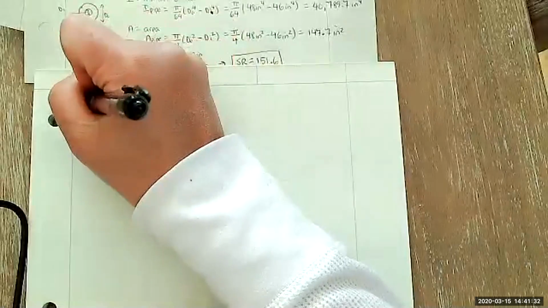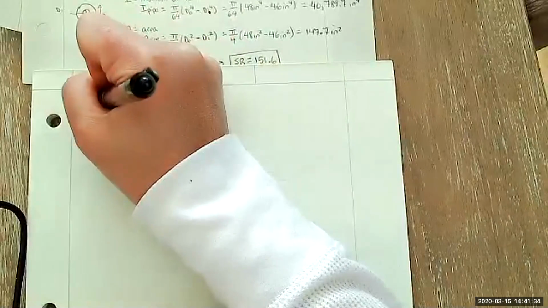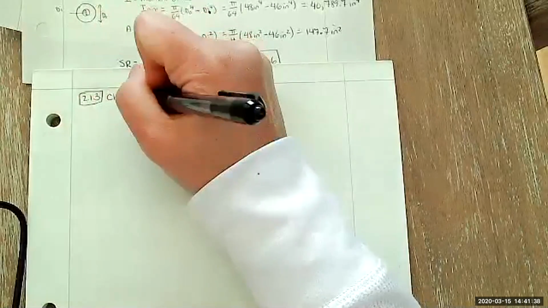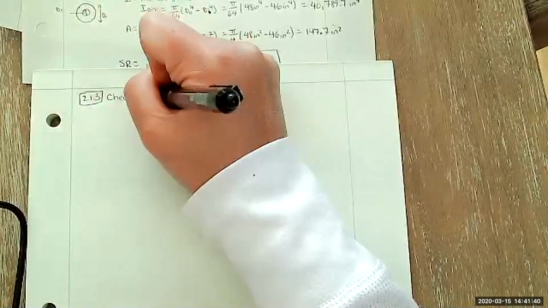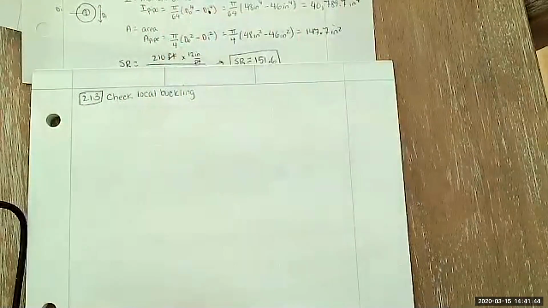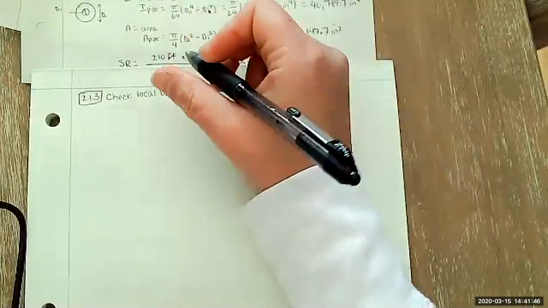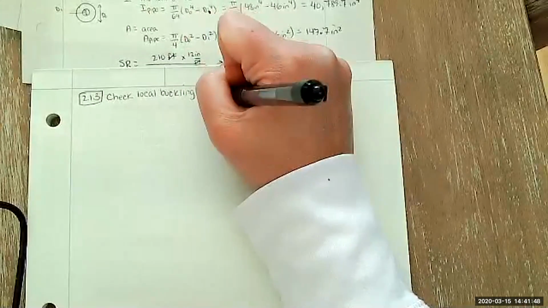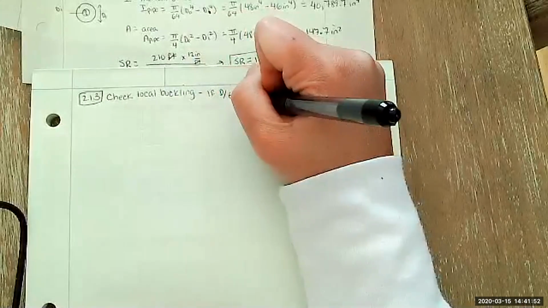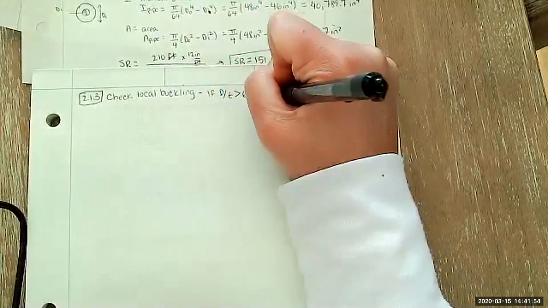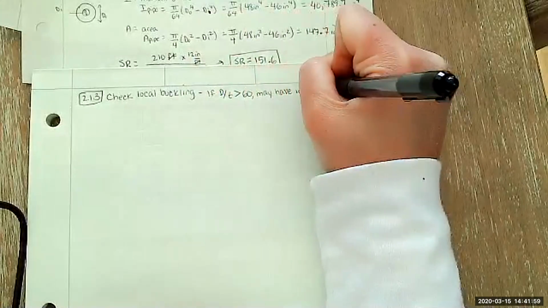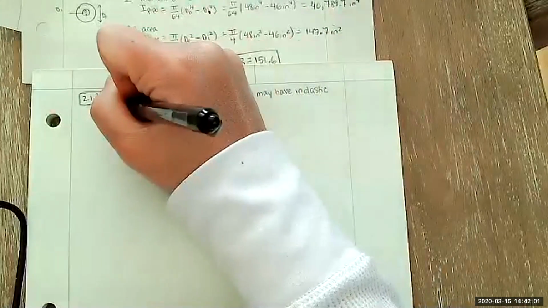This will be step 2.1.3, to check local buckling, which is a problem if D over T, so if our diameter over our thickness is greater than 60, we may have inelastic local buckling.